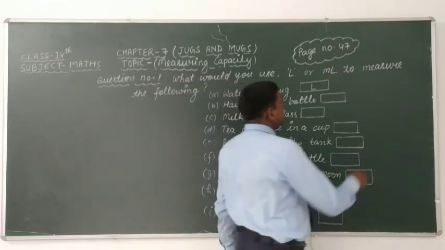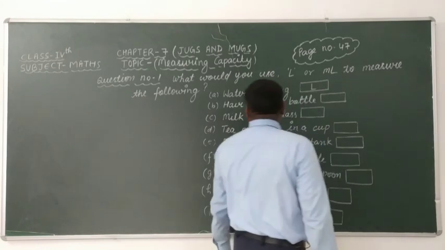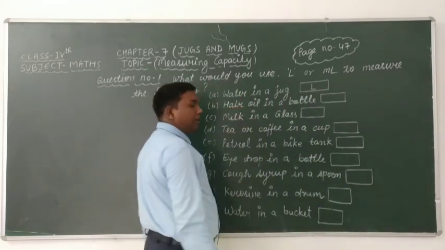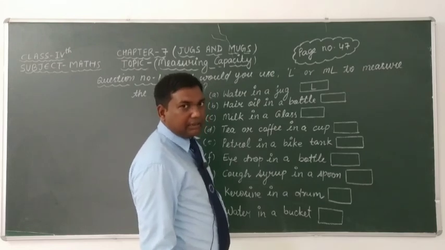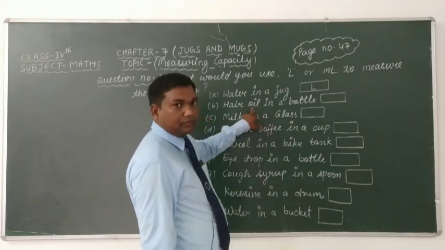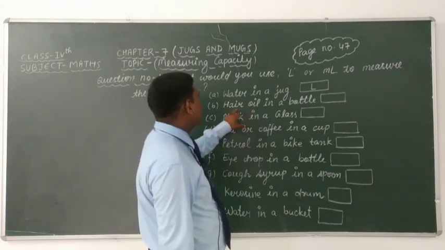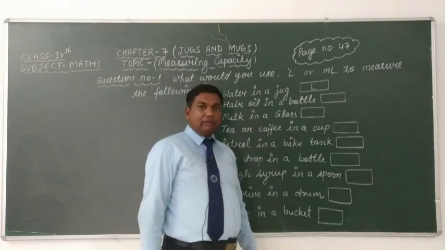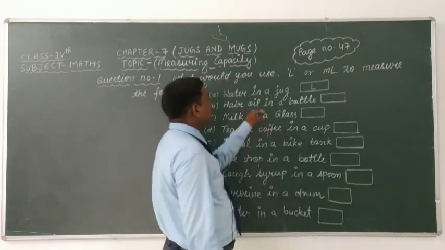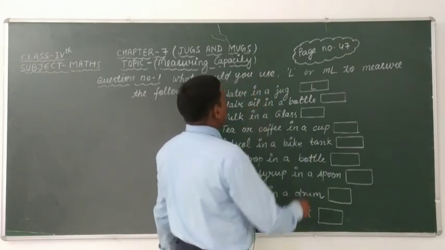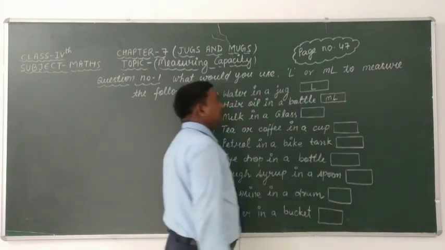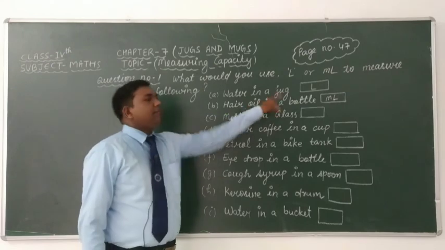Hair oil in a bottle. This one we know that a hair oil bottle has smaller quantity of oil. Therefore here we use milliliter for measuring hair oil in a bottle.